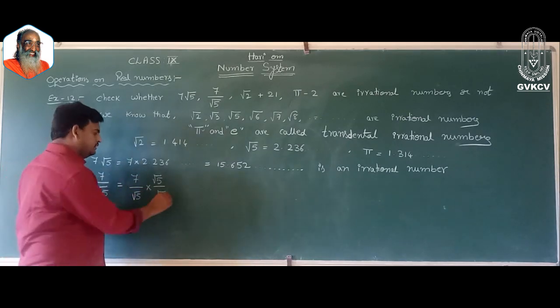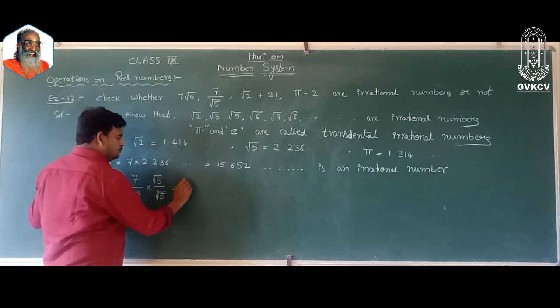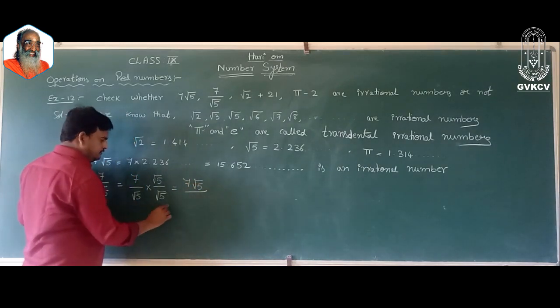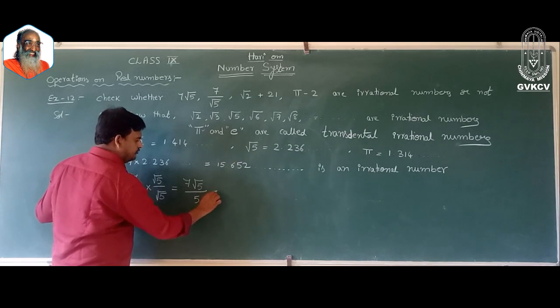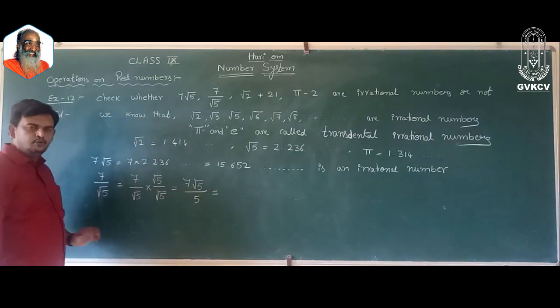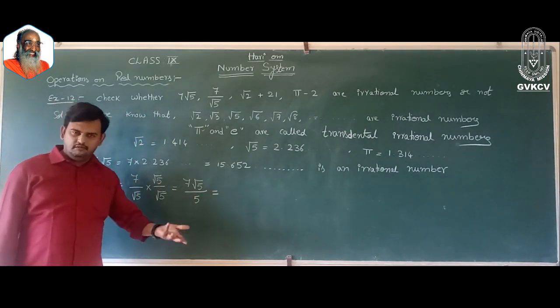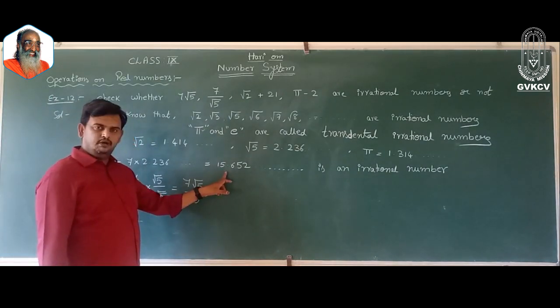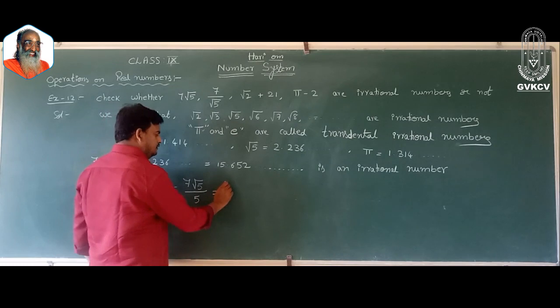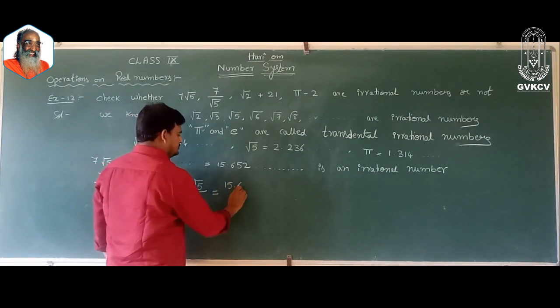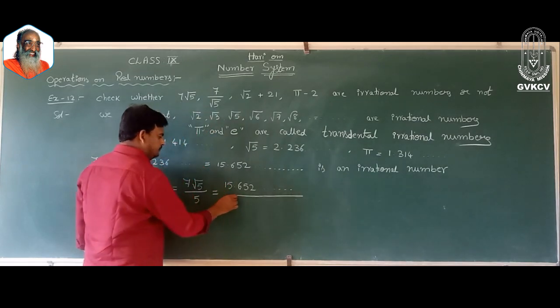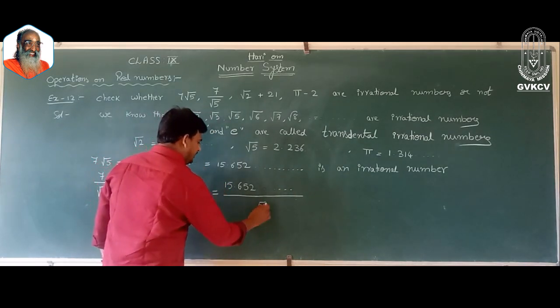Let us multiply. What do we have? 7 into root 5 by root 5 into root 5, which is nothing but 5. Root 5 into root 5 is nothing but 5. Now we know the 7 root 5 value here. It is 15.652 and so on by 5.